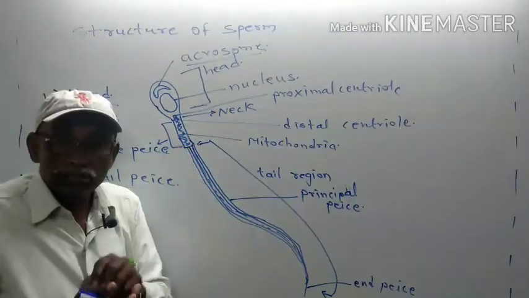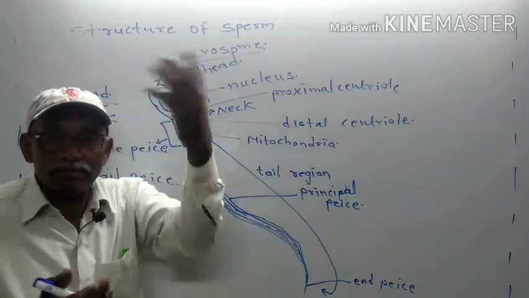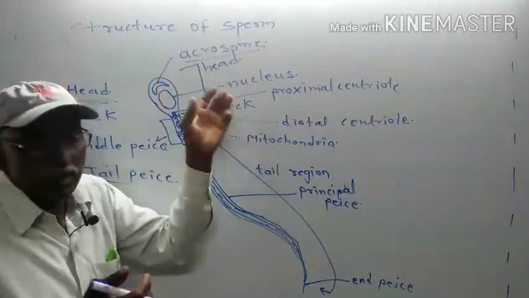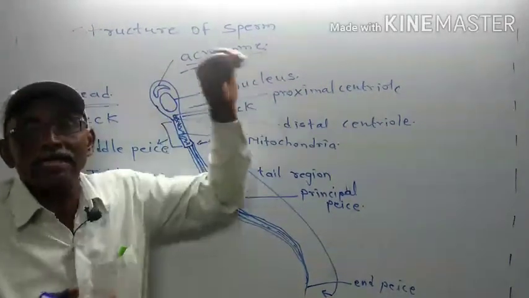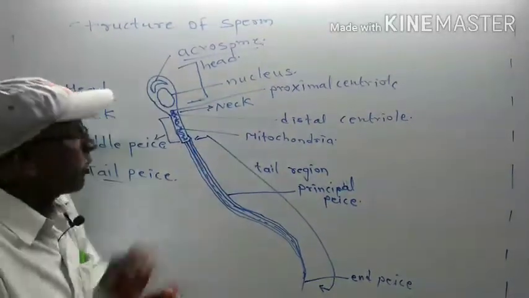The zygote divides into two cells, called blastomeres, and the proximal centriole has a role in this. So the proximal centriole is also an important structure.